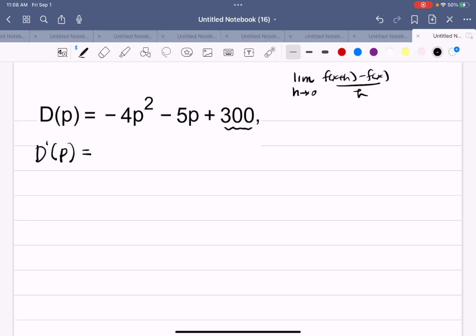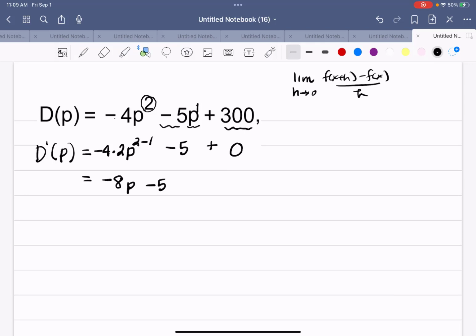When you have a constant, the derivative is 0. When you have a constant times a variable to the first power, the coefficient is the derivative. And when you have a base to a power with a constant, it's the constant times the power, and then the base to the power minus 1. So cleaning this up, negative 8p to the 1 minus 5.